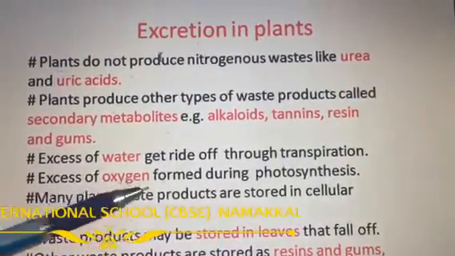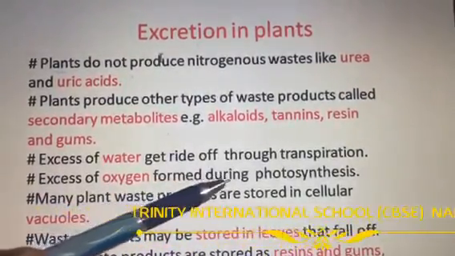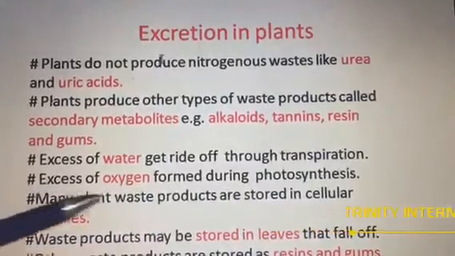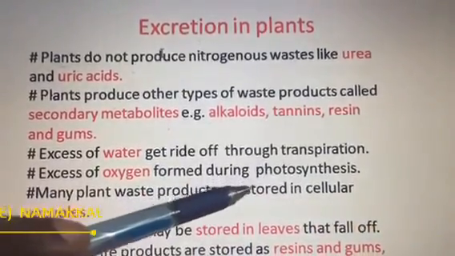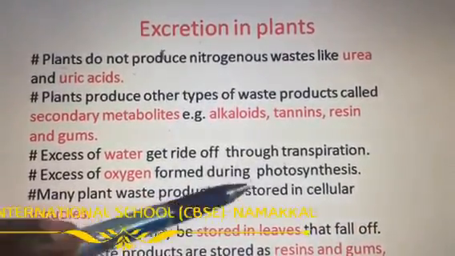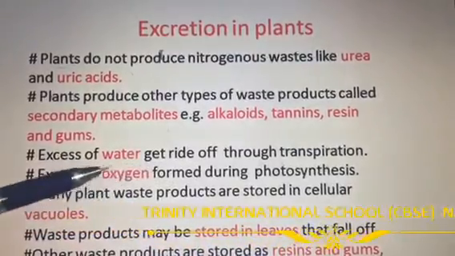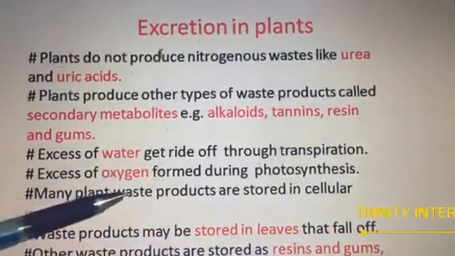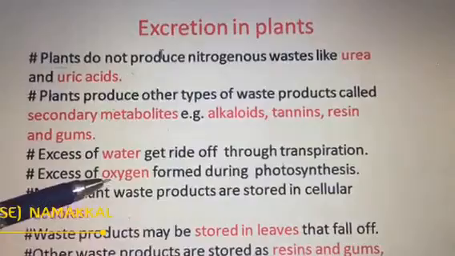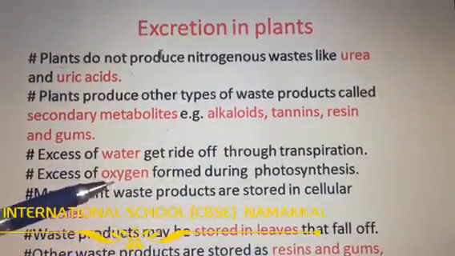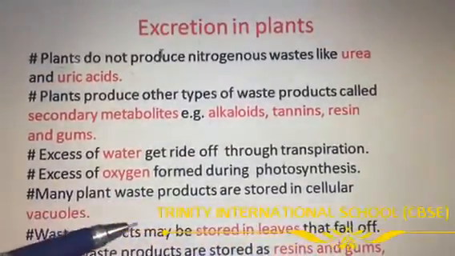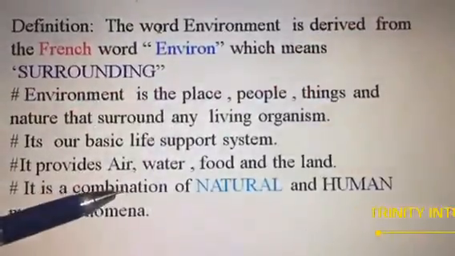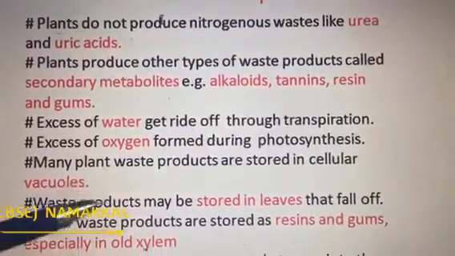And excess oxygen formed during photosynthesis. During photosynthesis, glucose is synthesized, and at the end of photosynthesis, oxygen is released. That is considered a waste for plants, but not for us.